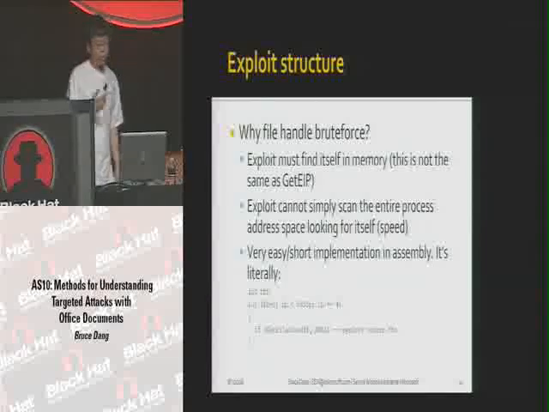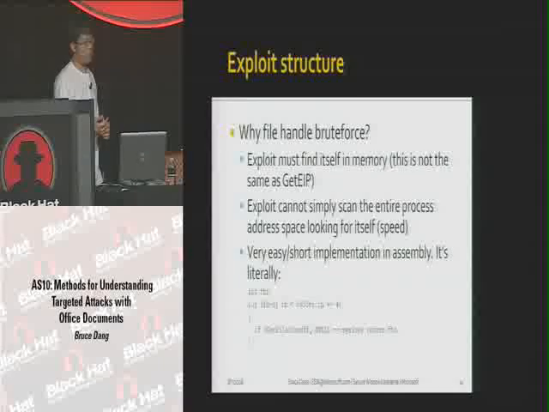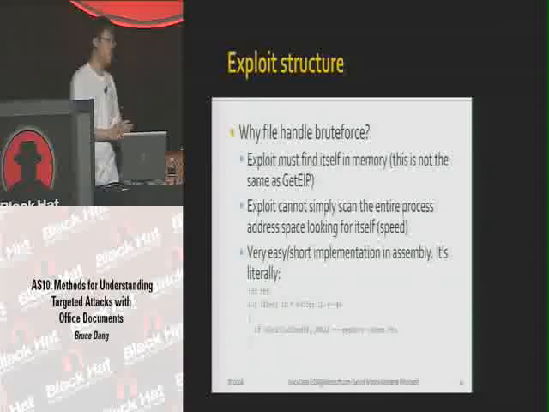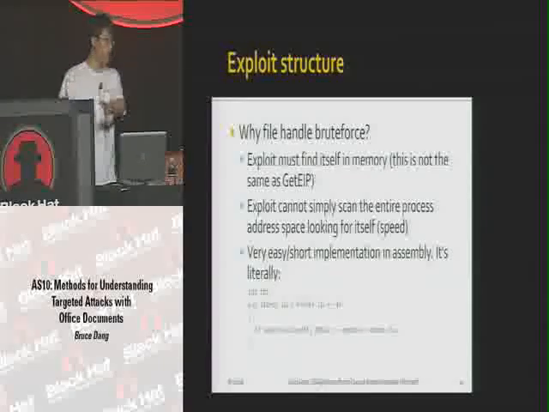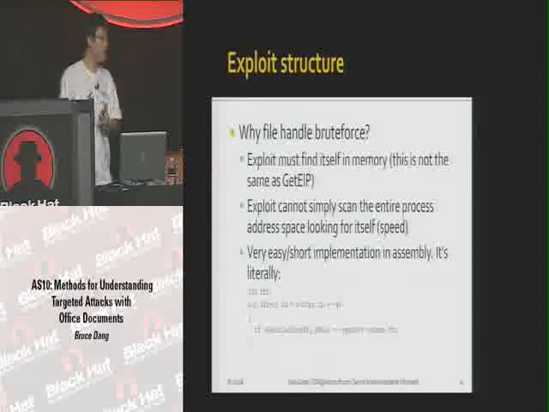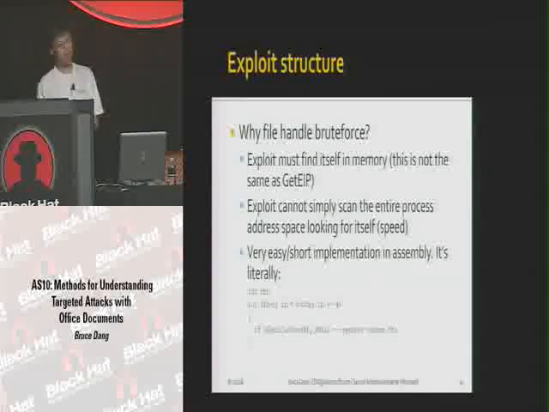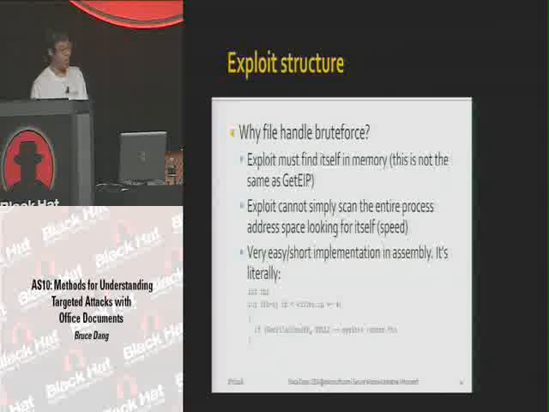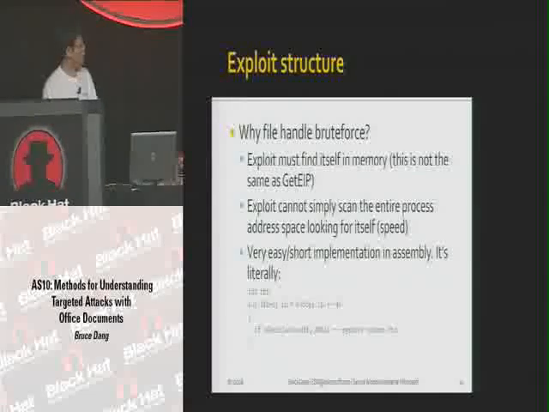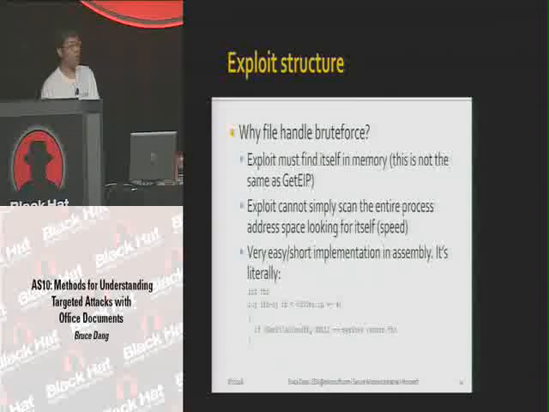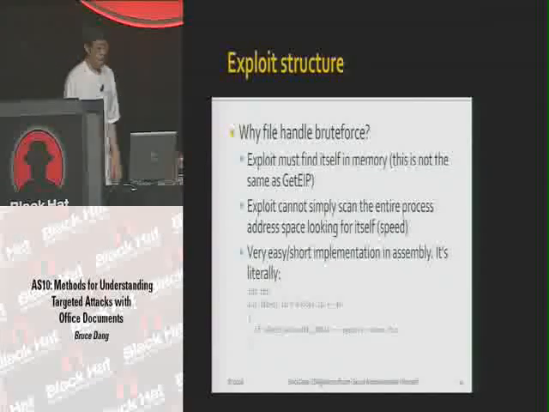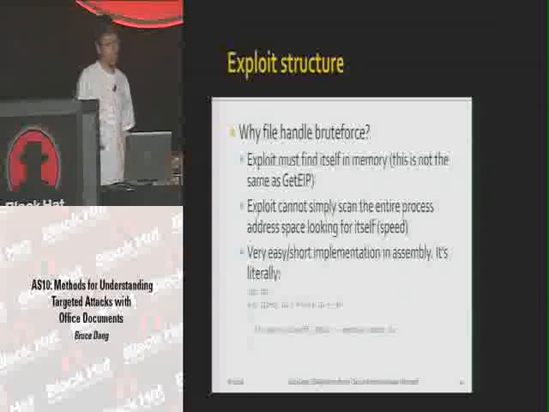For each file handle, they'll open it up. They'll call get file size on it, and then Windows will return the file size. And then they'll compare the file size against a known file size, the real file size that they have. And obviously because Office has this file open, you have a file handle, right? So if it's successful, they will find a file handle that corresponds to this Office document. And then if they find it, they'll have the handle, and that's it.